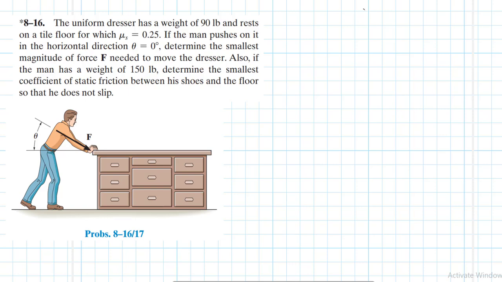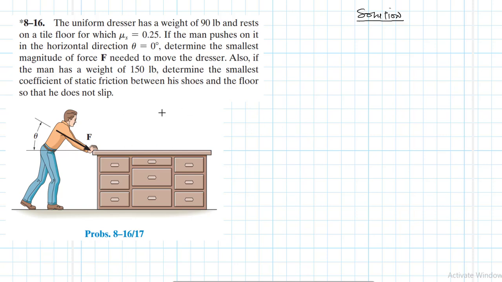This problem is coming from the Engineering Mechanics Statics textbook, 13th edition by R.C. Hibbeler. So we have been asked to determine the smallest magnitude of force F when theta is equal to 0, so in the horizontal direction, and we are also being asked to determine the smallest coefficient of static friction between the shoes and the floor.